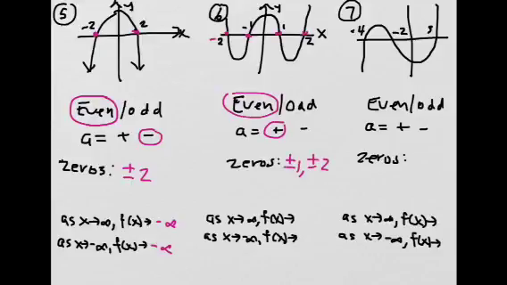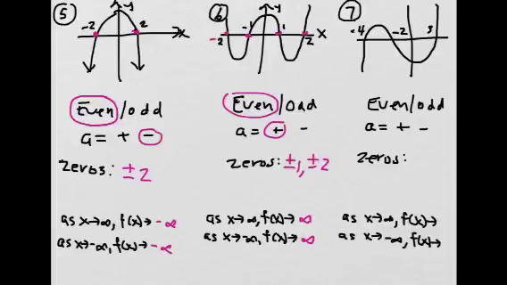Those are the 4 zeros. And since they both go up, up, as x gets bigger, y gets bigger. As x gets smaller, y gets bigger. They both get bigger, sorry. It's written correctly.